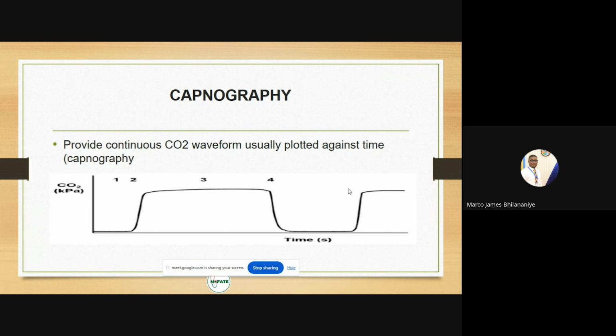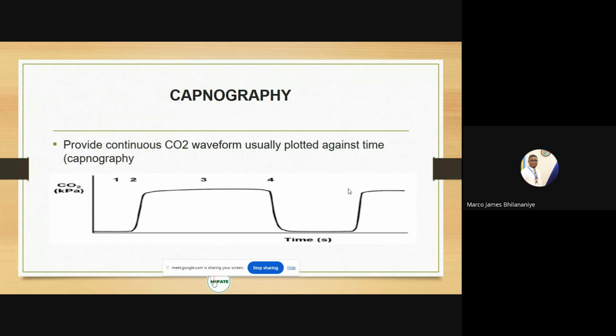At phase 4 is where we now detect that number we mentioned, 35 to 45, at the end of the last phase. This is the initial of inspiration or end of expiration, where the carbon dioxide starts going down in the sampling line, and it becomes again at the baseline where the inspiration takes place.